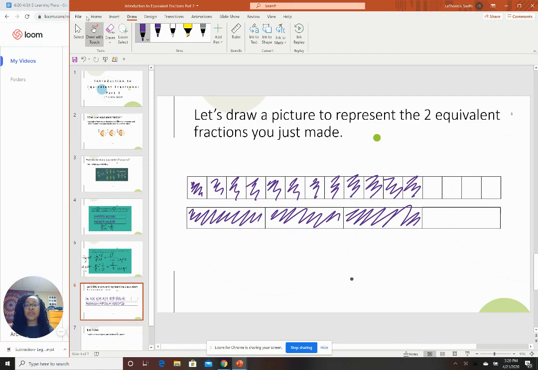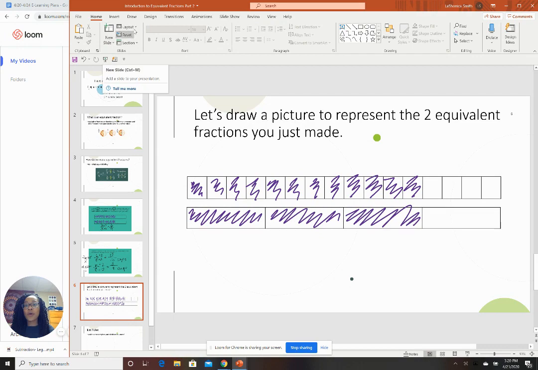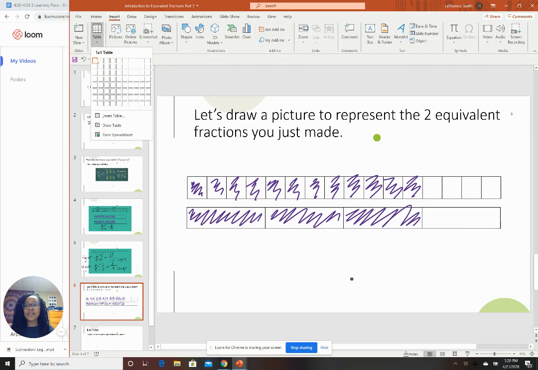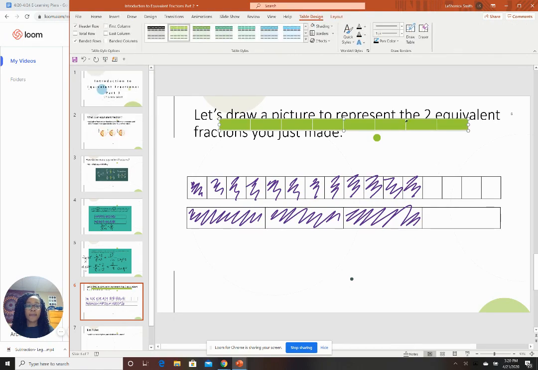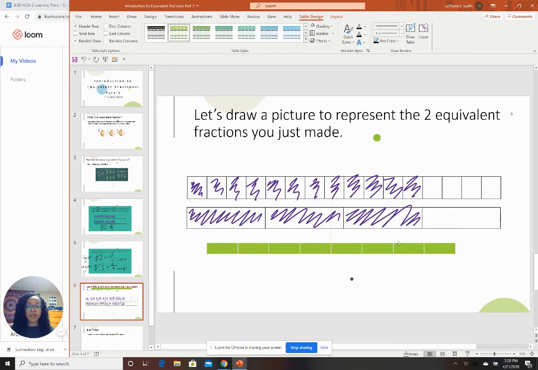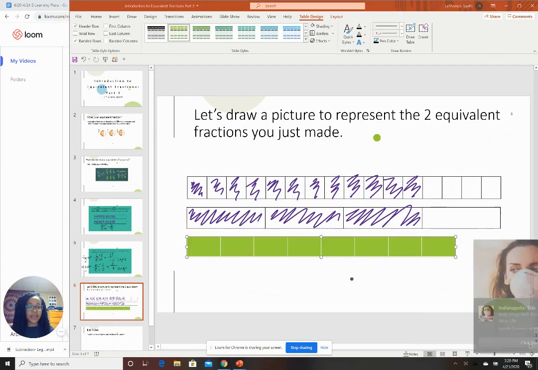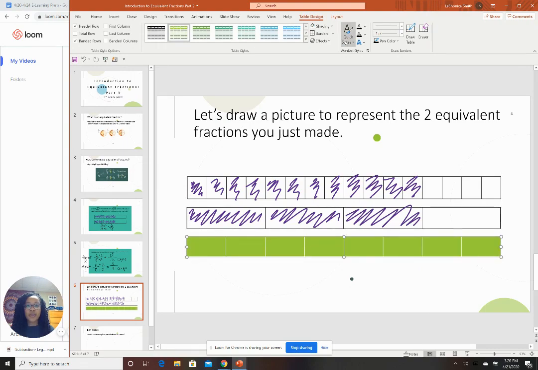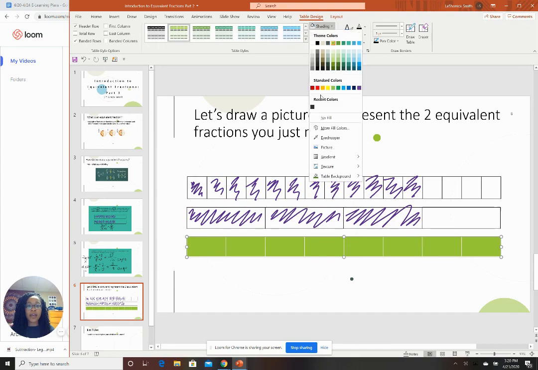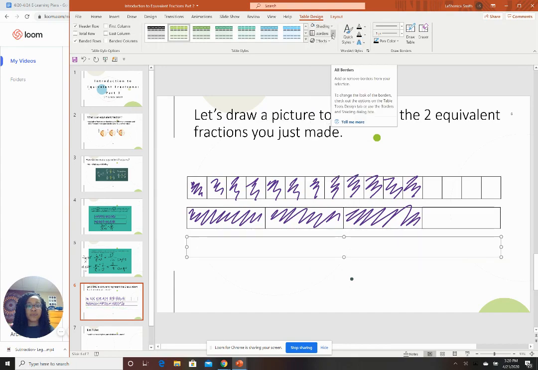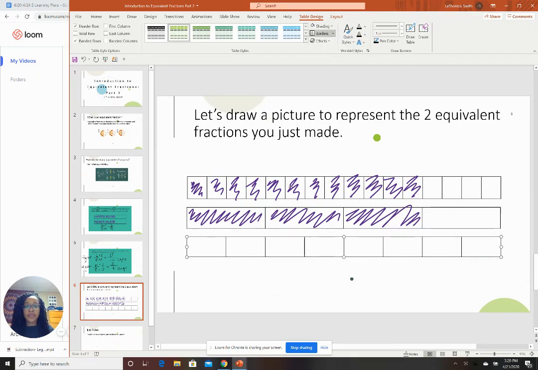And then what we could also do is create one that was 6/8 just to make sure that that is the same. So I'm going to create one more that is 6/8. Okay. And I'm going to bring it down here. Make sure it's the exact same. And so if I color in 6/8, it should be the exact same as this.